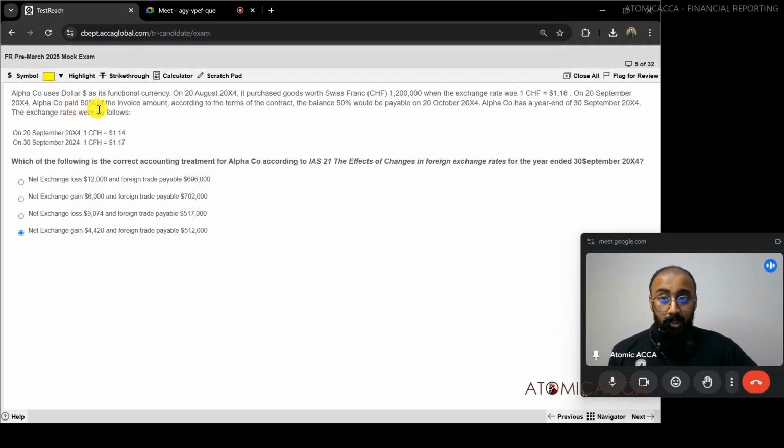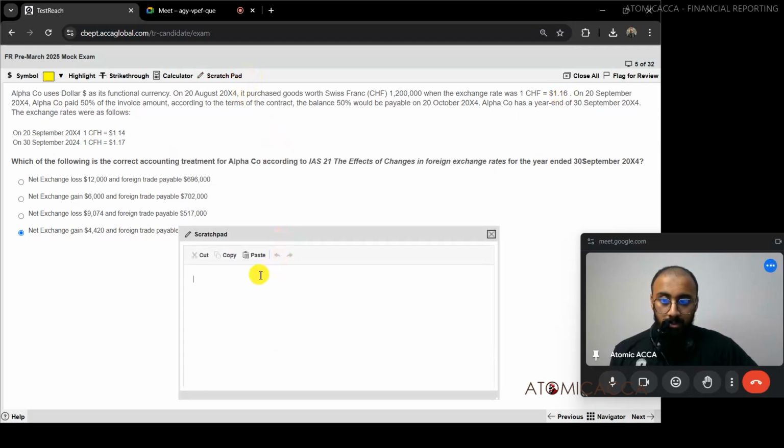Alpha Company uses dollar as its functional currency. On 20th August 20x4, it purchased goods worth Swiss franc 1.2 million when the exchange rate was 1 CHF is equal to $1.16. So we'll just note this down. This is question number 5. Okay, so 1.2 million CHF is there. When the exchange rate was 1 CHF is equal to $1.16. So CHF and dollar, it's opposite currency. So we are supposed to multiply.